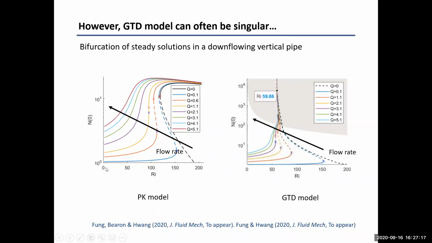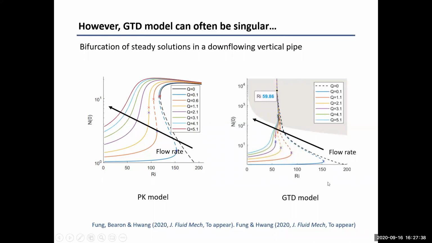So what you see here is that as you increase the Richardson number, when the flow rate is 0, one new solution comes up, and you can follow this branch. That solution still exists even at very high Richardson number when you compute it using the Pedley and Kessler model.